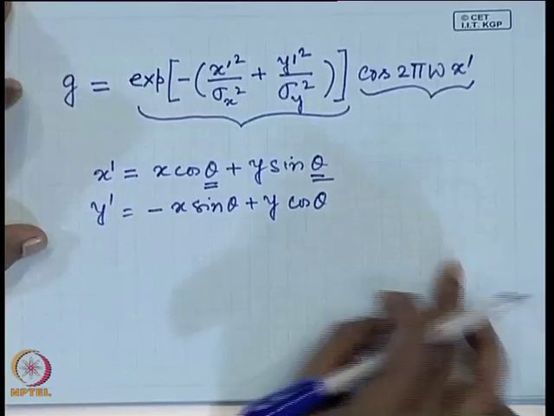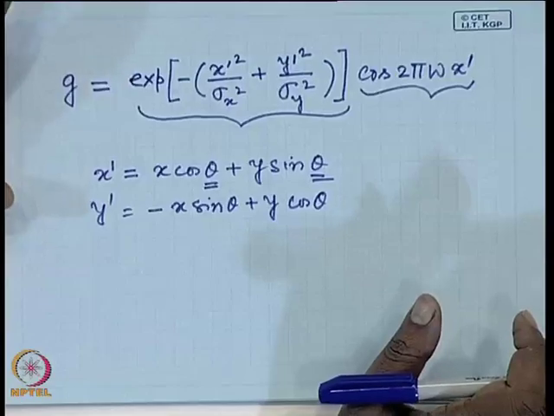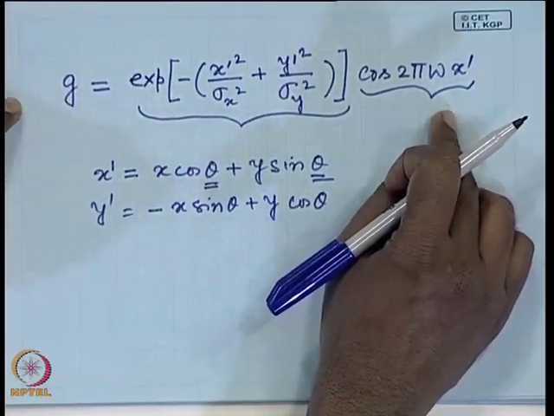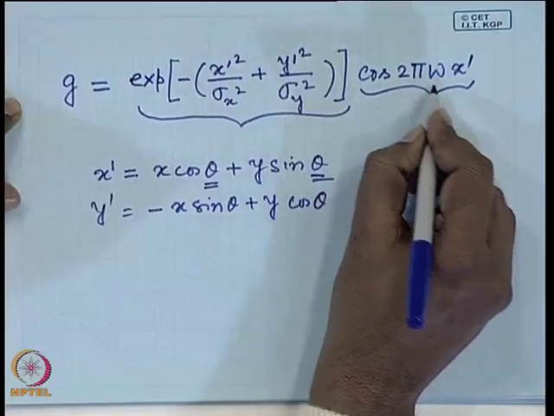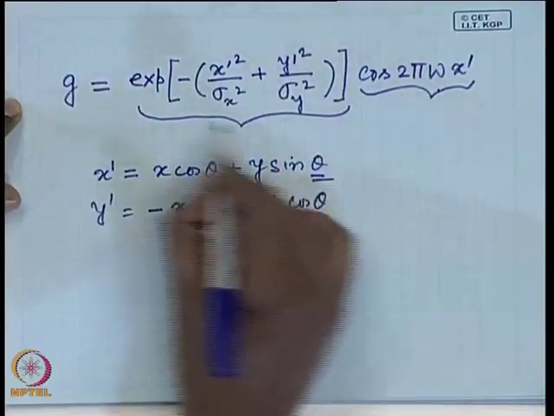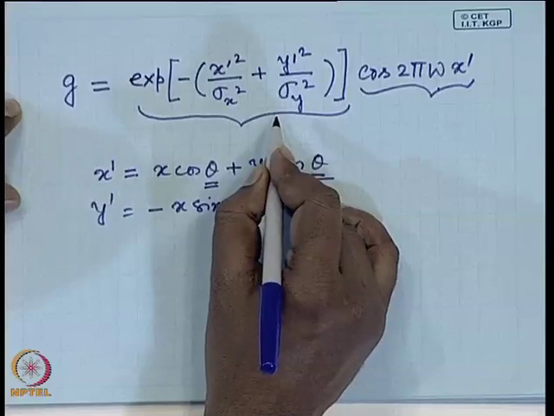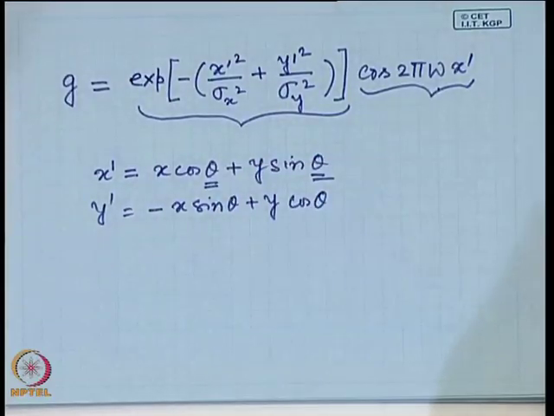So, if I convolve my image, if I do filtering of my image using this Gabor filter for different orientations, for different values of omega and different values of the spread sigma x and sigma y, I get different sets of coefficients. And those different sets of coefficients can give me the feature information.